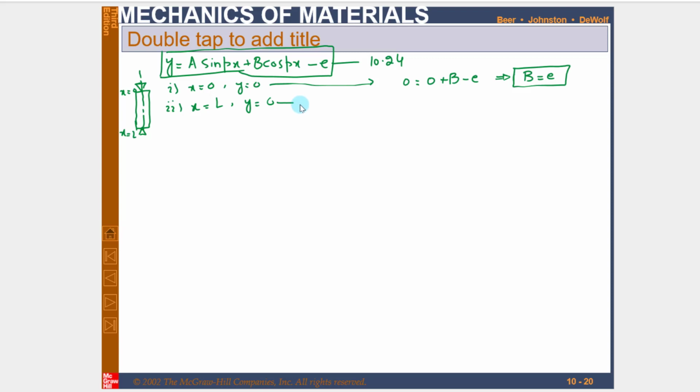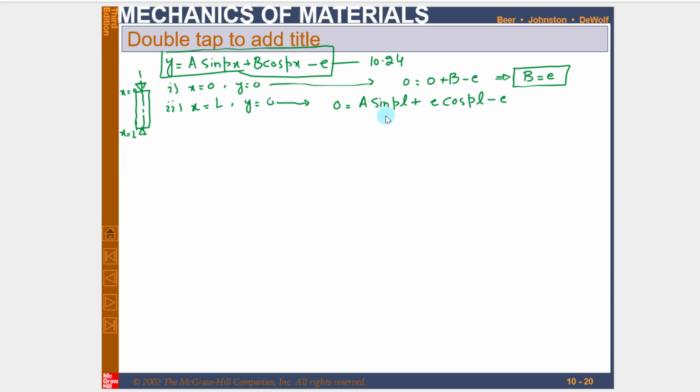Now for the boundary condition at x equal to L, y is equal to 0, you can put it in 10.24. So 0 equals a sin of pL plus b minus e, and b is equal to e, so it will be e cos of pL minus e.